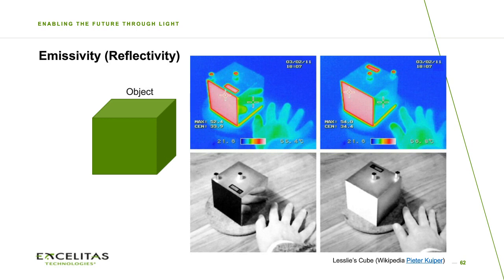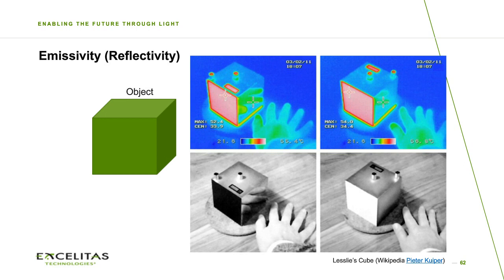This is actually an aluminum cube at an elevated temperature, around 50 degrees C, and you try to look with a microbolometer at what the temperature of this cube is. This cube has, as you can see on the lower left and lower right, a black and a white painting on one side, and then two other sides where the lower left is reflecting, really like a mirror, and the right is more frosted.